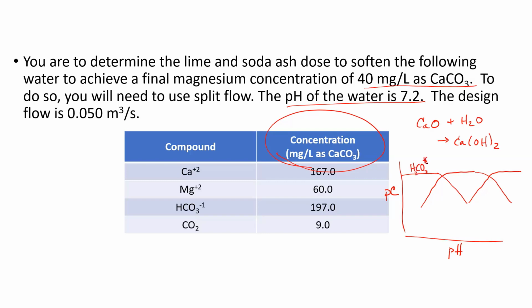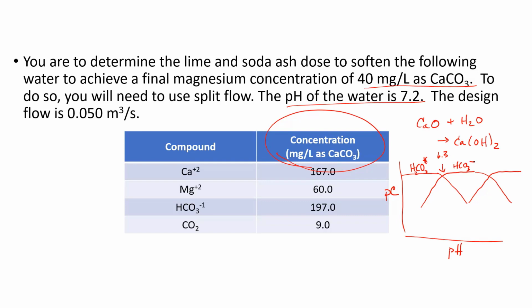For the carbonate system, at pHs less than about 6.3, which is pKa1, as you can see here, carbonic acid predominates.